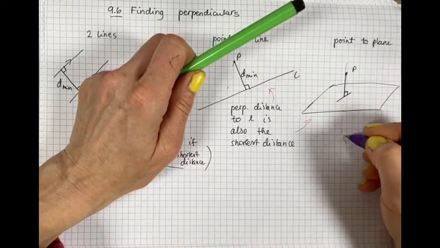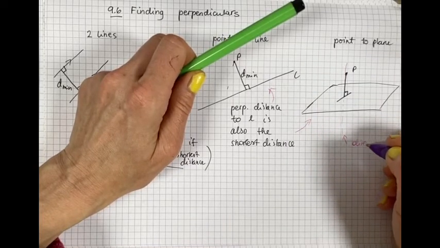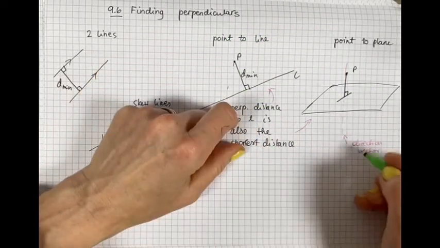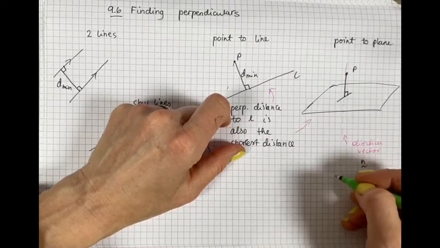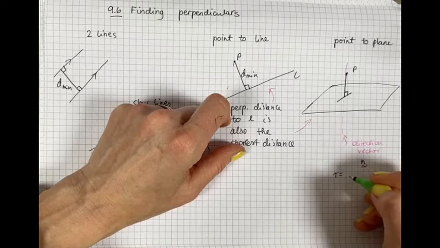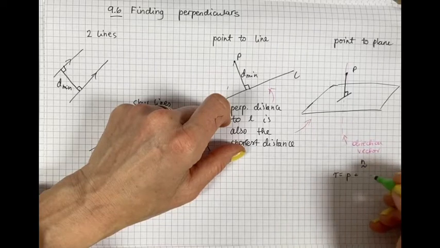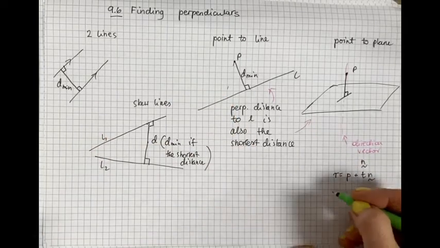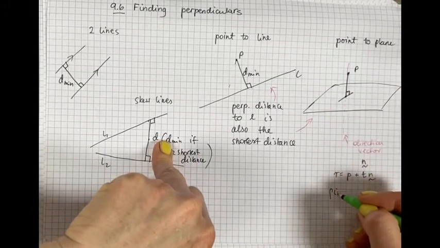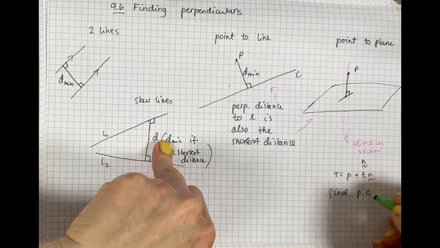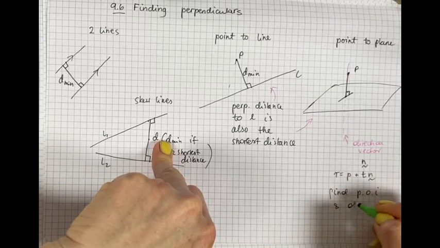So the direction vector is going to be the normal vector to the plane. So it's going to be r equals P plus, let's say, t N, and then you find that distance by finding the point of intersection and then distance.